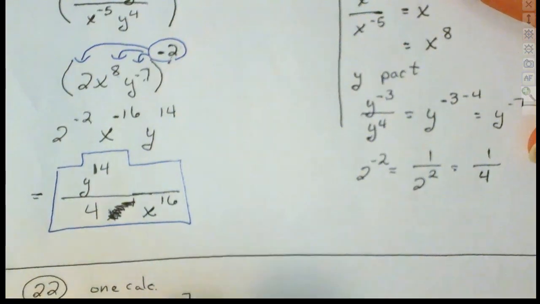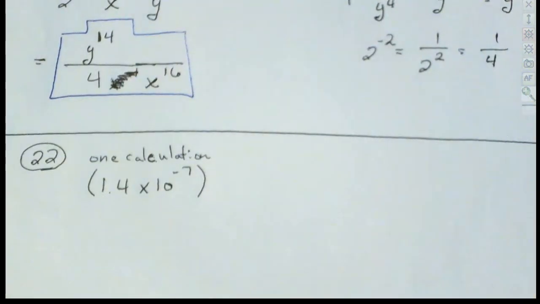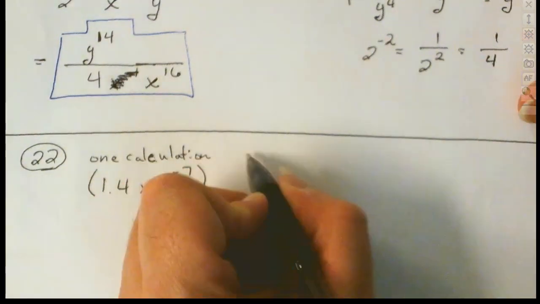Okay, that is one calculation. So to do one calculation, it takes that long. Now, how many calculations are we going to have it do? Well, in this case, we want it to do 1 trillion calculations. And so this is 1 trillion.